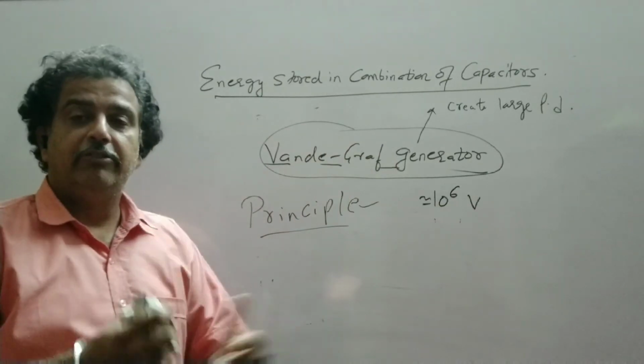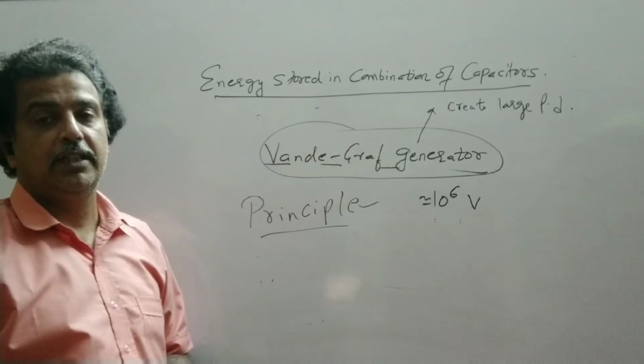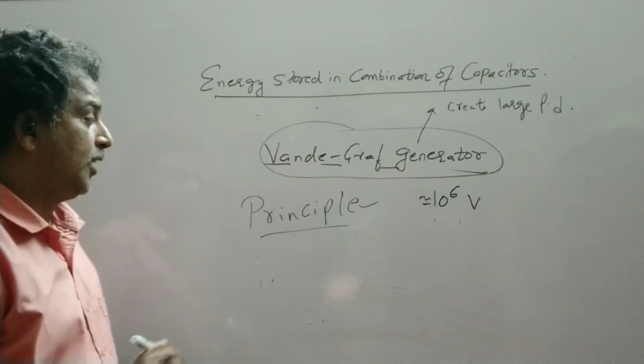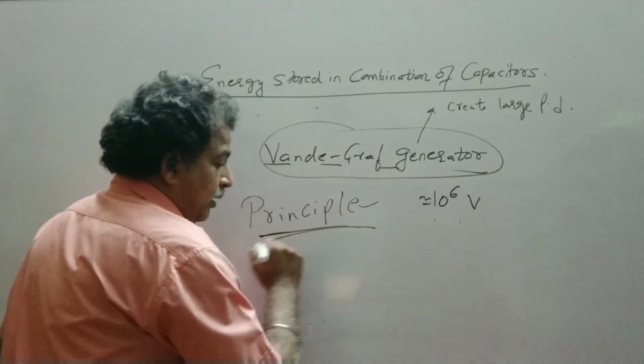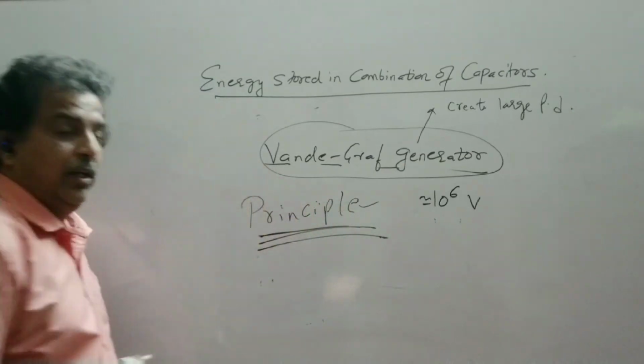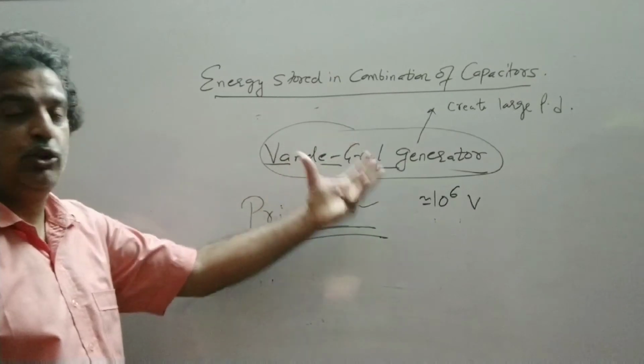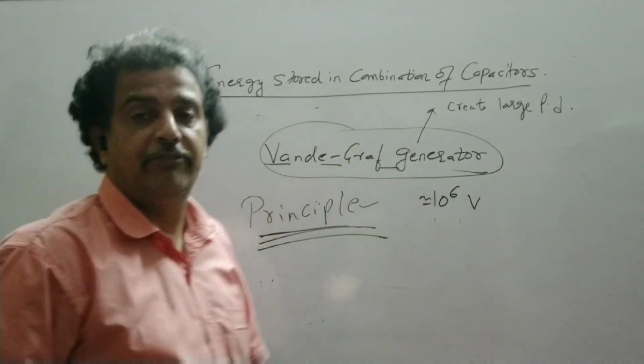Whenever we need a large potential difference in any application, we will take the help of the Van de Graaff generator, and it works on some principle. The principle is more important as compared to the working of the Van de Graaff generator.